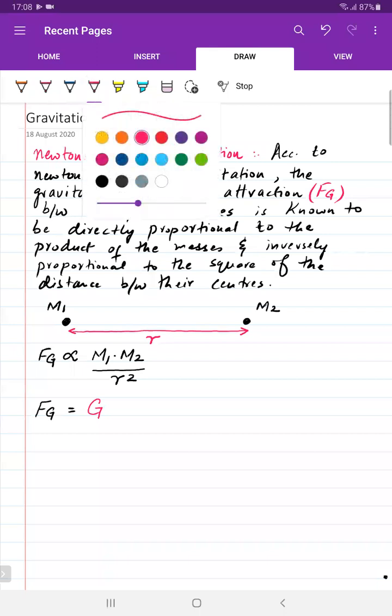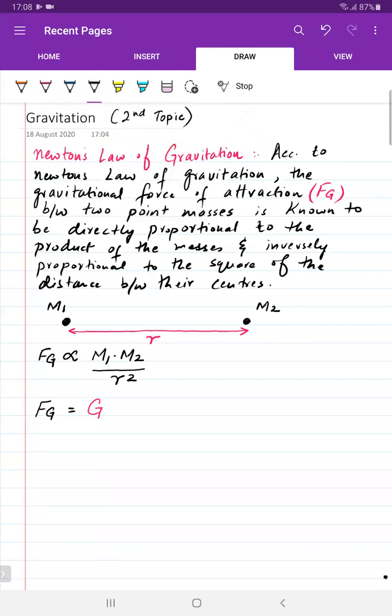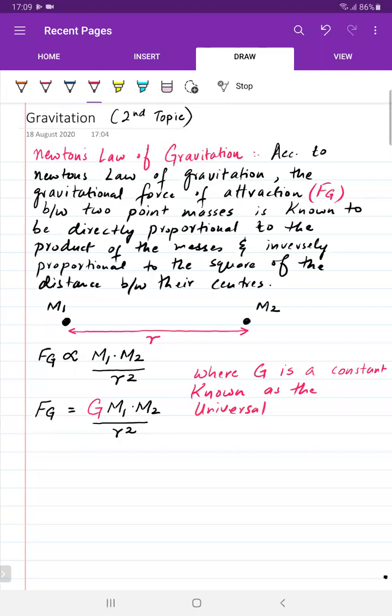In this case, I'm denoting the constant by the term capital G. The result now works out to be G times m1 m2 upon r square, where capital G is a constant known as the universal gravitational constant.